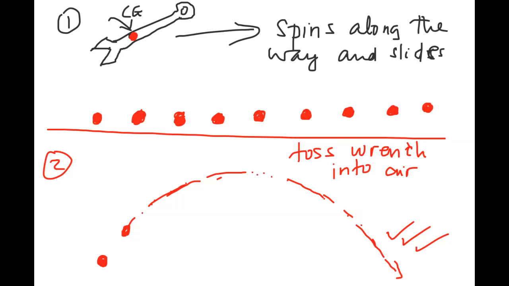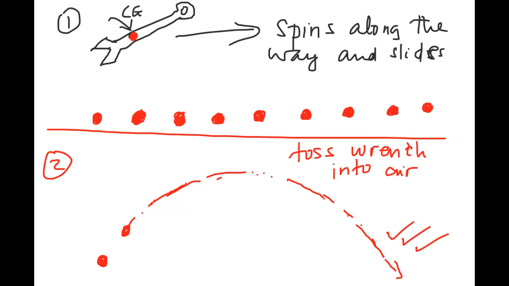If we toss the wrench into the air and it spins, we can focus on the motion, and we see that the motion is parabolic, it's translational. This is very interesting because the center of mass demonstrates translational motion, whilst the other parts demonstrate rotational motion.